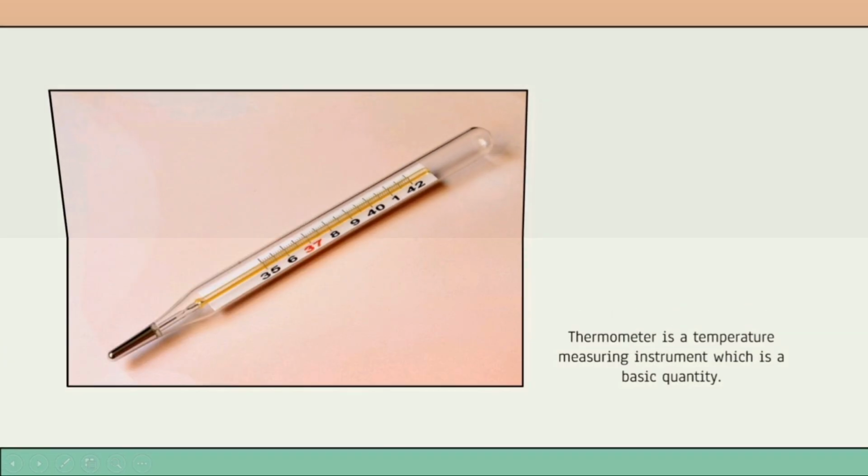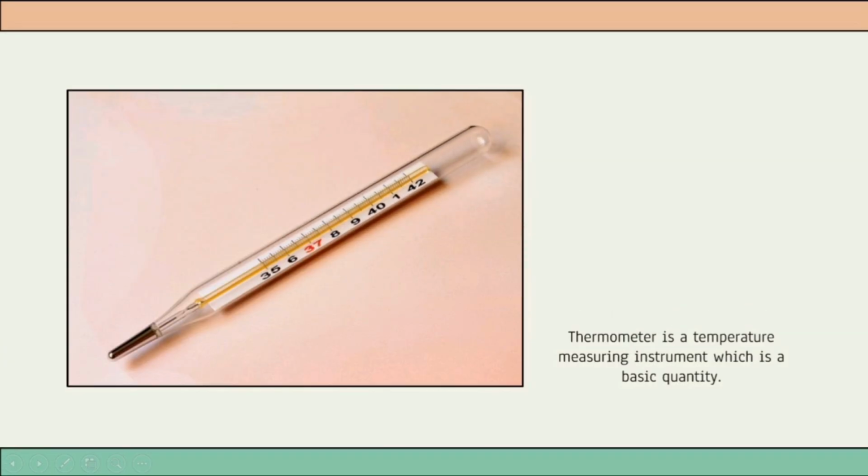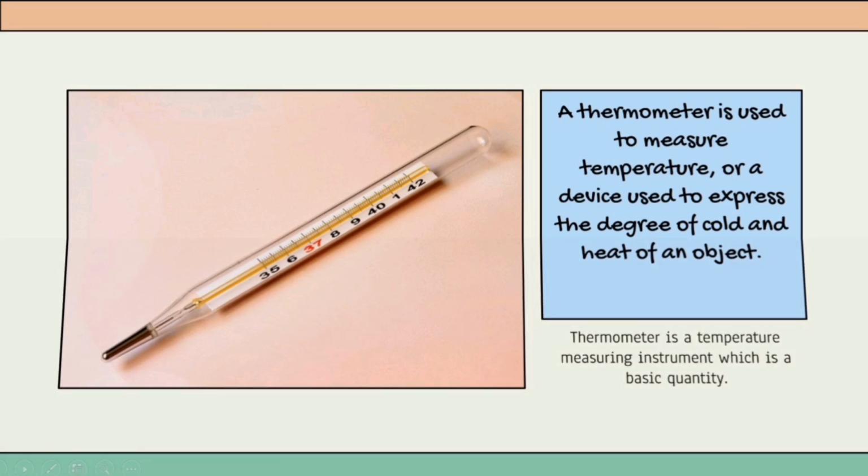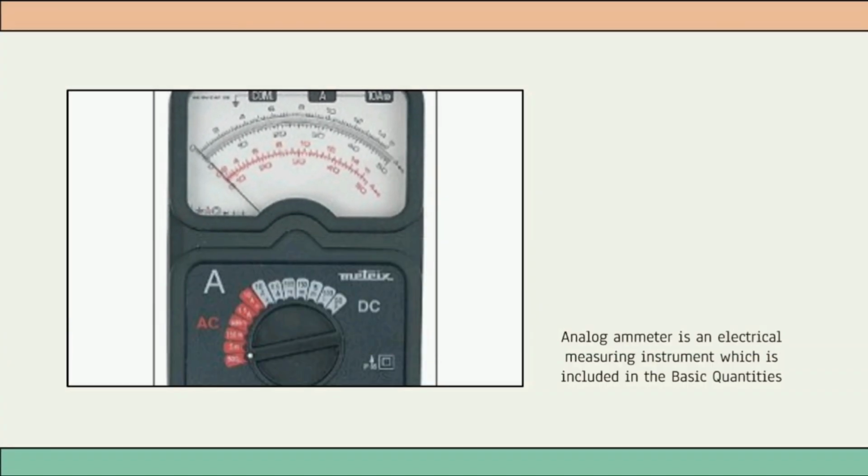The next is fifth. Thermometer is a temperature measuring instrument, which is a basic quantity. A thermometer is used to measure temperature, or a device used to express the degree of cold and heat of an object. Six is ammeter. Analog ammeter is an electrical measuring instrument which is included in the basic quantities.